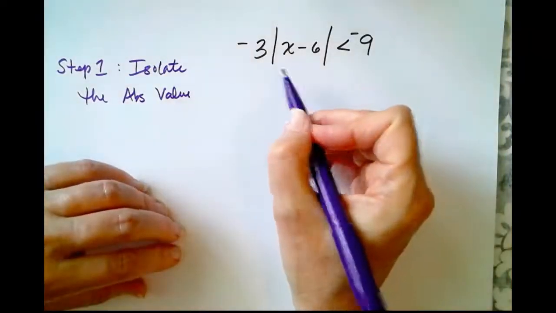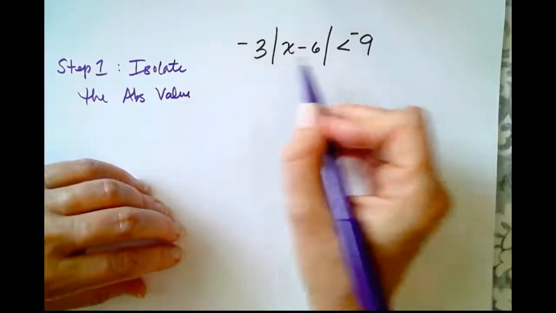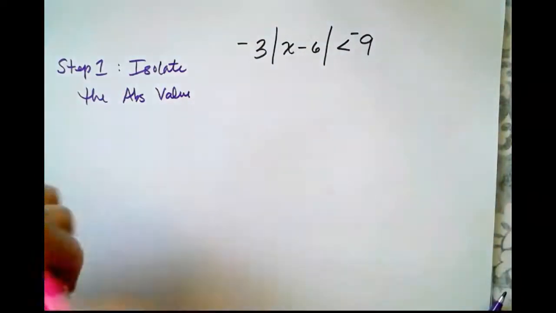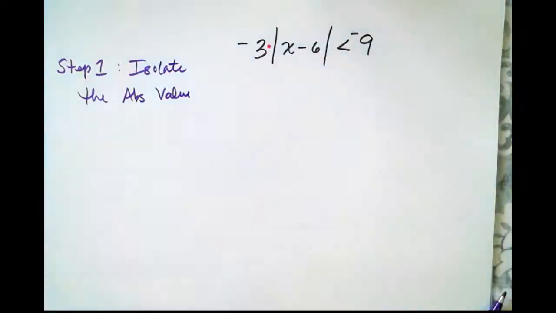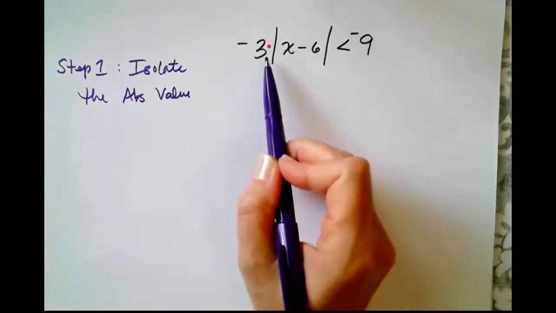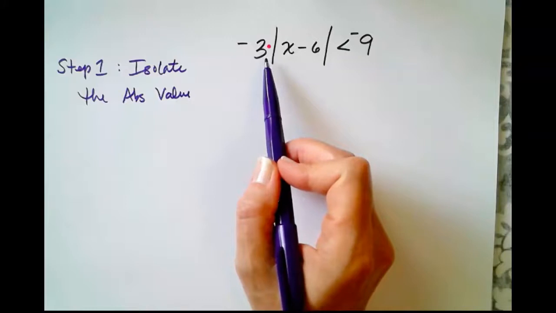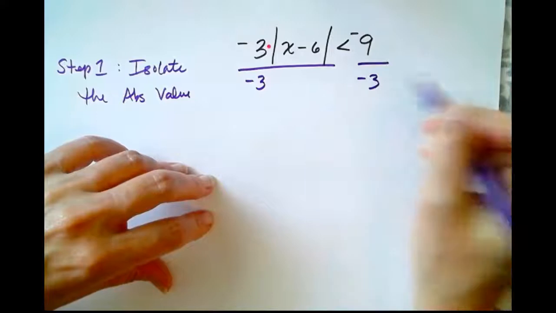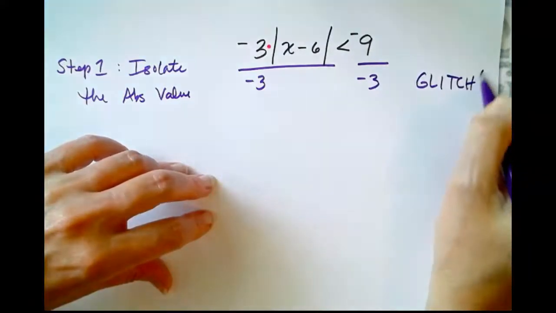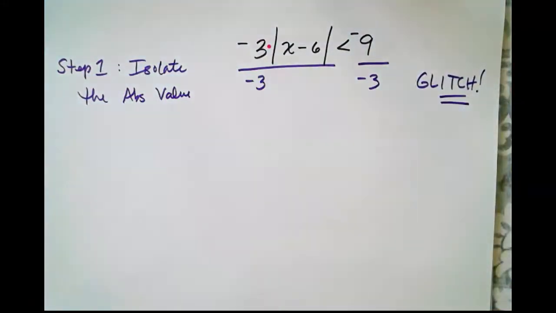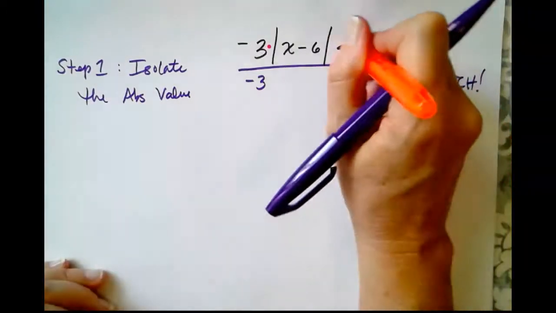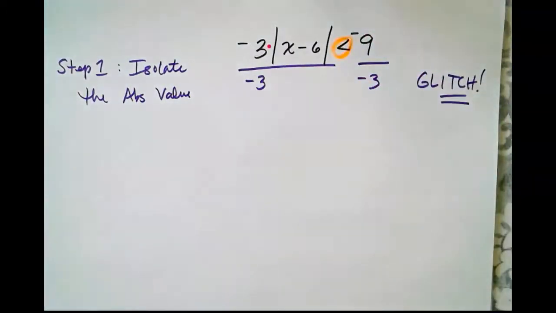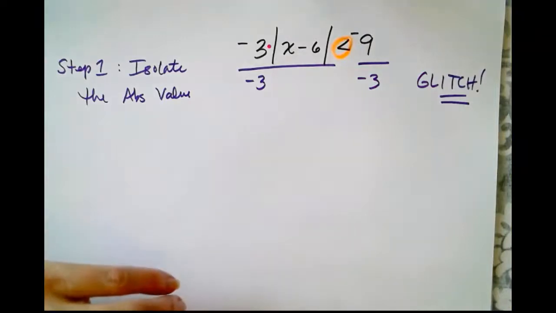So in order to do that, look at what is given. This is -3 times the absolute value of x minus 6. The inverse operation of times -3 is division by -3. And that is the glitch. And when we have the glitch, remember that we will be reversing or flipping that inequality sign.